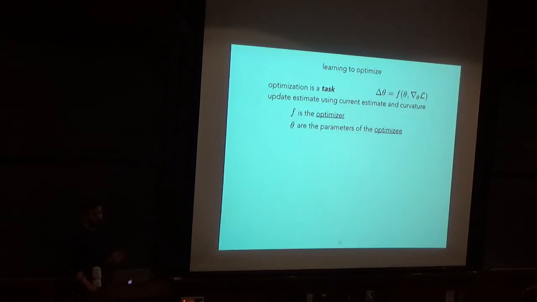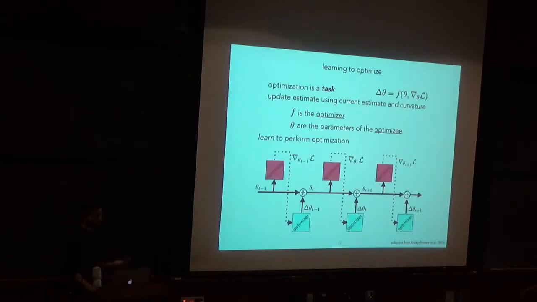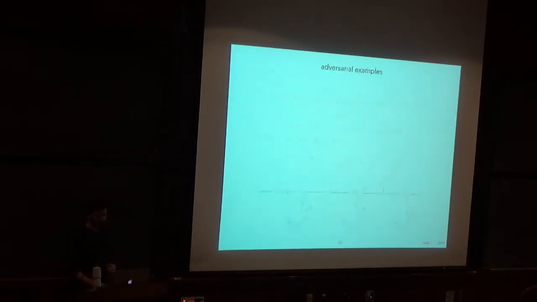So if we treat f as this optimizer function and theta as the parameters of this optimizer function, then we can learn to actually perform optimization, where you have one neural network here that's being optimized, and another neural network out here that's the optimizer. In practice, when you can get them to work, they work better than traditional optimization algorithms, because now you can apply these nonlinear updates depending on what your gradient is. This is a really cool idea, and it's spawned off a few different works recently.